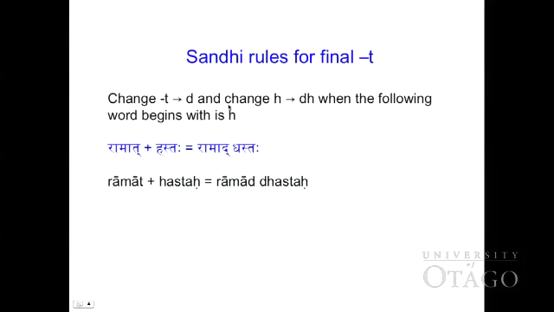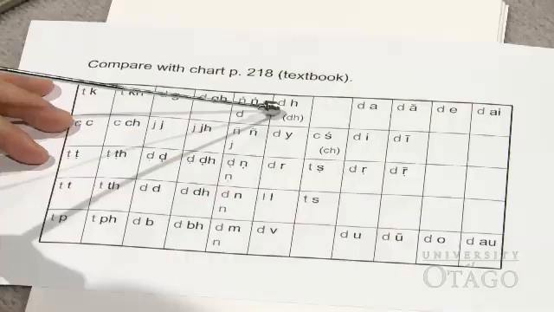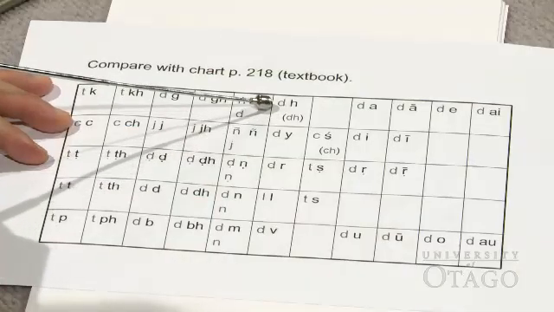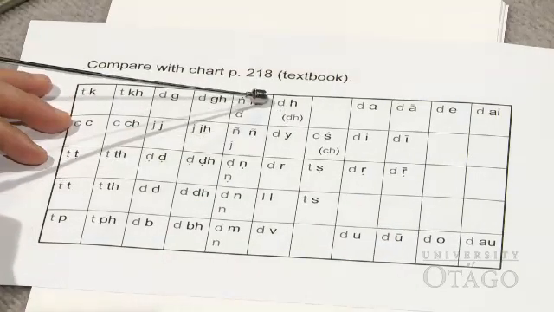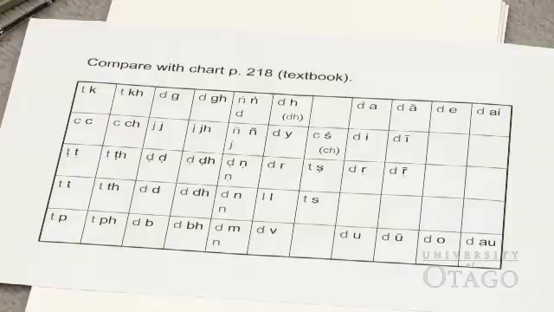Change T to D and change H to DH when the foreign word begins with S or ha, such as Lamad Hastaha. It will be Lamad Dastaha. See from the chart, this one: change T to D and change H to DH, such as Lamad Hasta to Lamad Dasta.